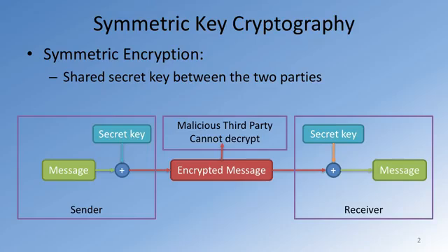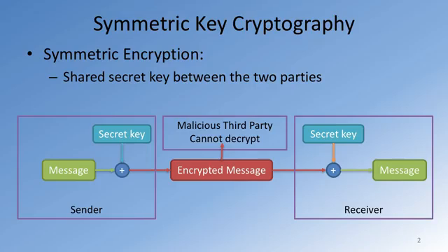For this to work, any encryption and decryption works based on exchange of secret keys. So in symmetric key cryptography, both the sender and the receiver will share a secret key between the two sides. And this secret key is known only to the sender and to the receiver side.